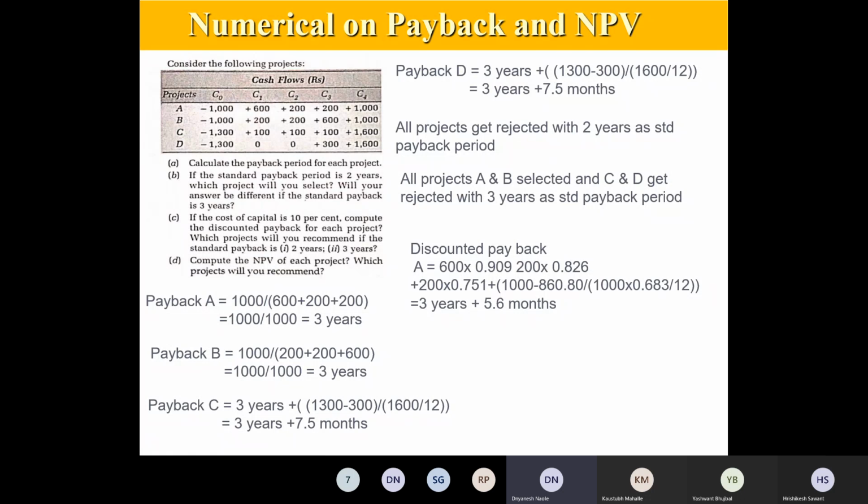So per month you will find out, and the remaining is around 140 or whatever the amount is, divided by that. Can you calculate this term, 1000 minus 860.80? Just tell me what is the value.